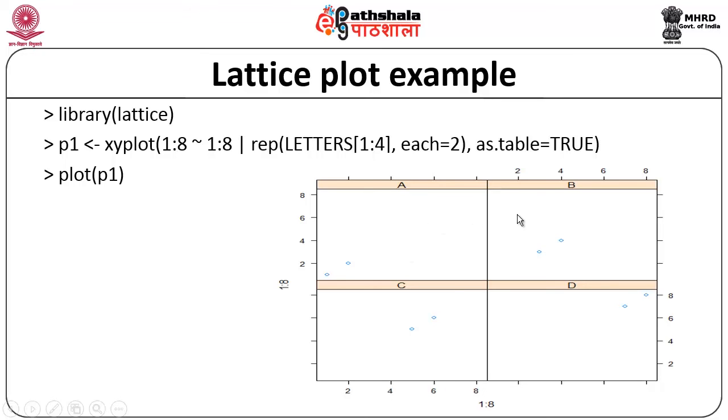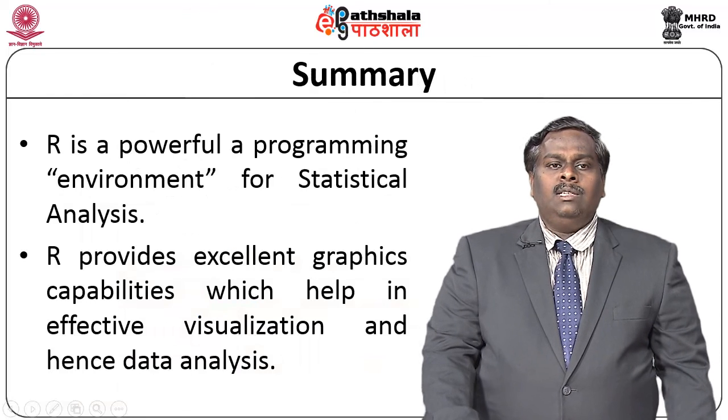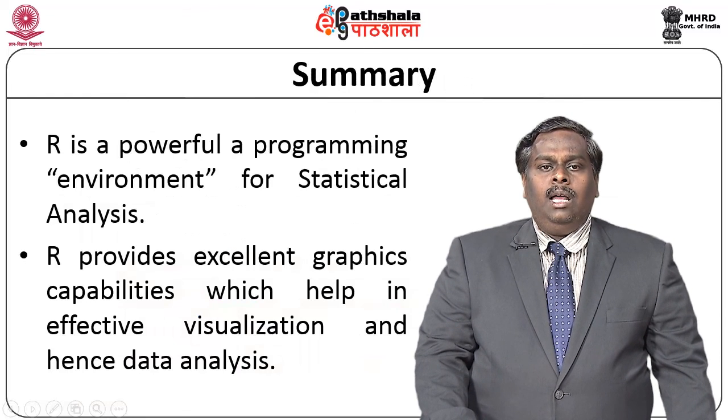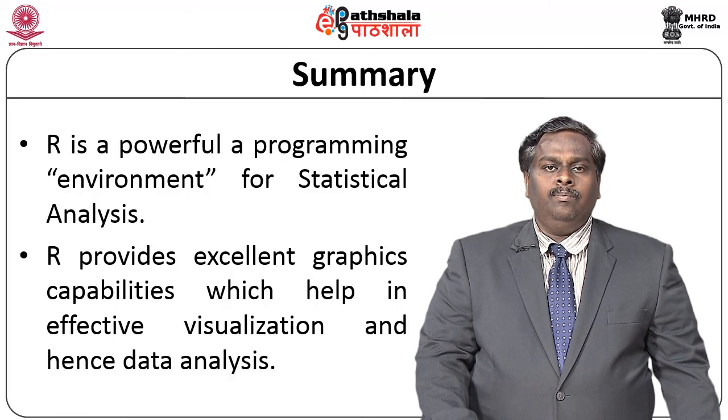The given graph can be visualized as a lattice of cuboids, which is why it is called a lattice function. The same lattice plot can be associated with the density plot by calling the density plot function along with the lattice method.